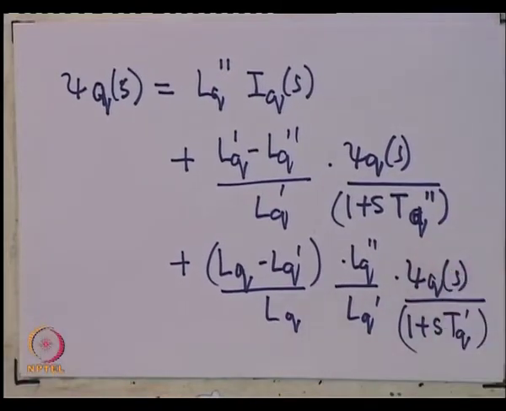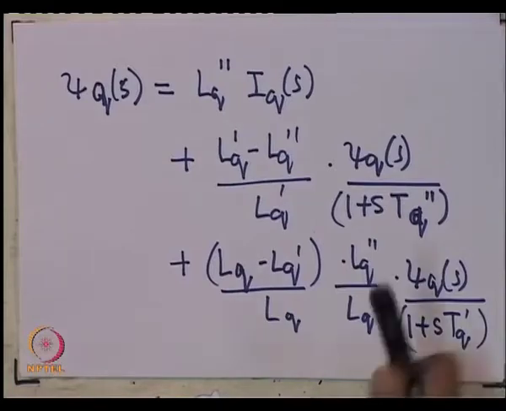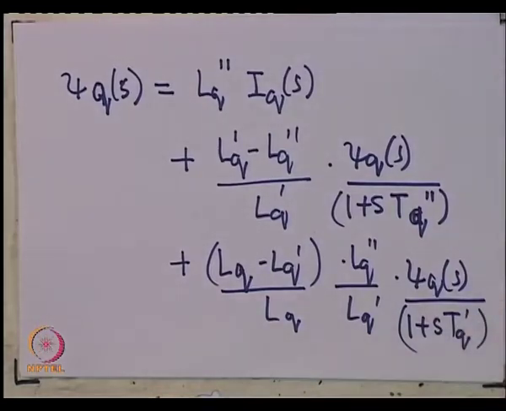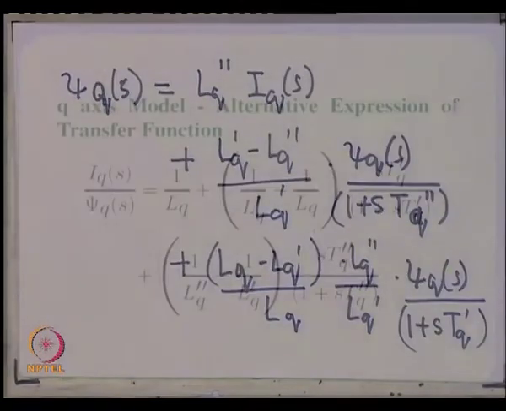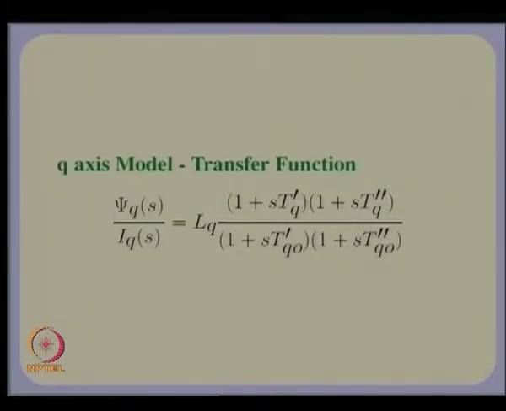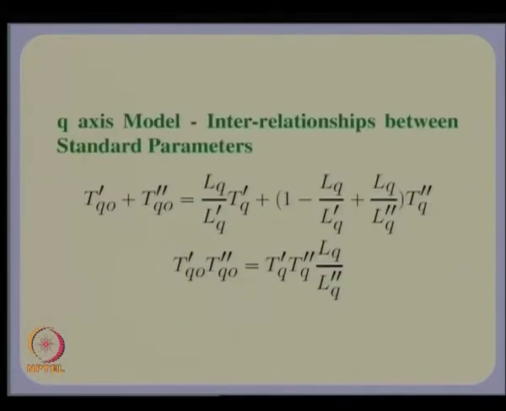And what you need to verify is that this eventually leads you to this particular equation, which is equivalent to this. So, this is what I need you to work out.